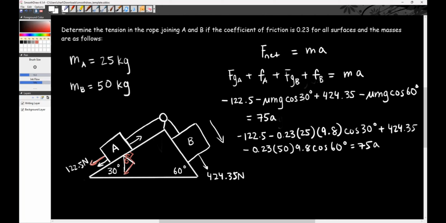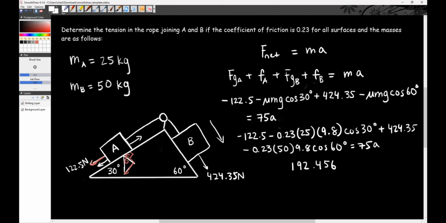So now we just plug this whole thing on the left into a calculator. So I'm going to do that right now. So I got 192.456.